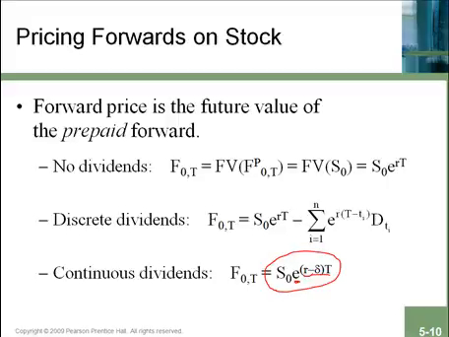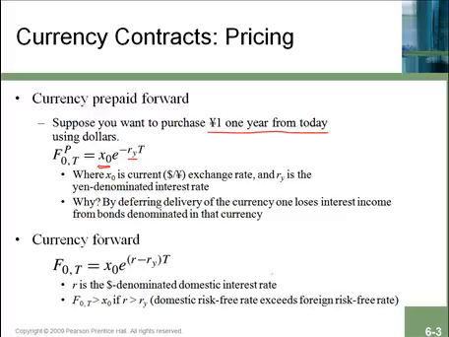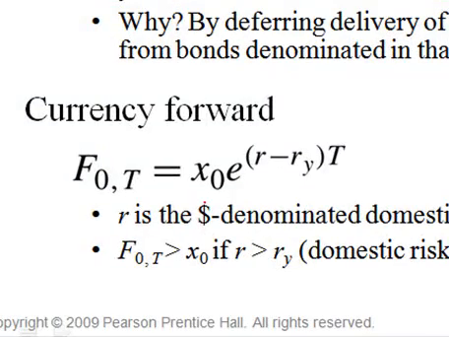And the exact same thing happens in the currency pricing formula for the forward contract. What we have here is X0, which is the price of the currency, times e to the (r minus delta) t, except that delta, in this case, since we're talking about a foreign currency, isn't exactly a dividend yield.